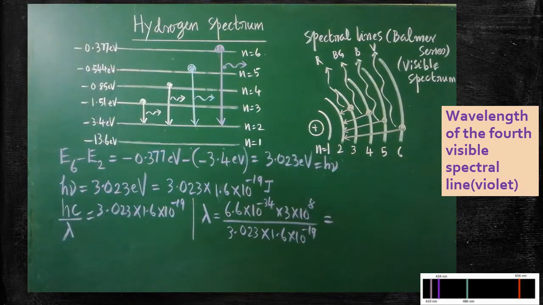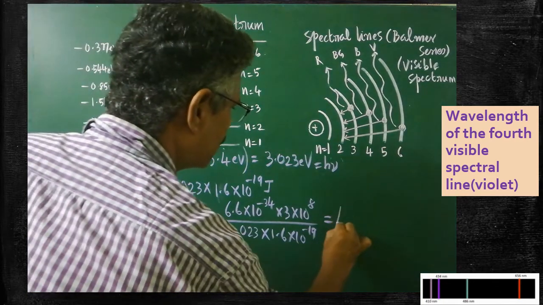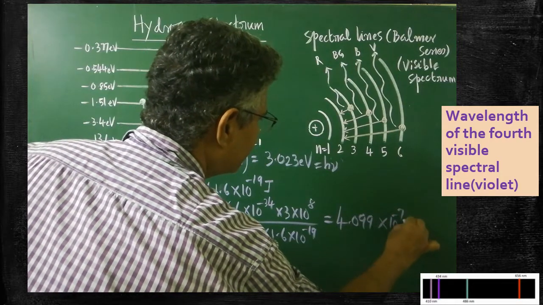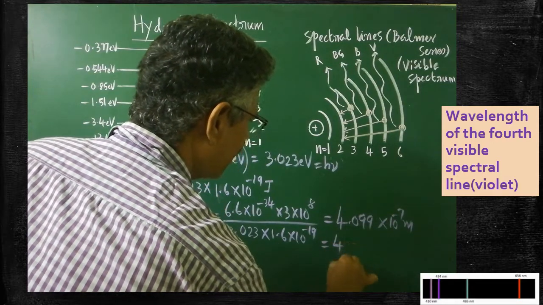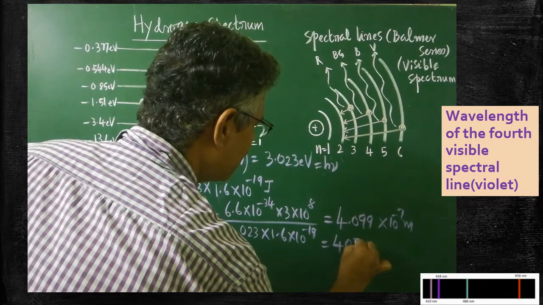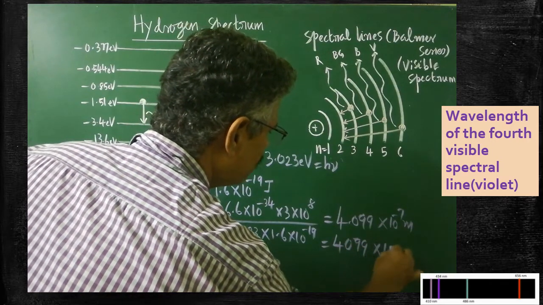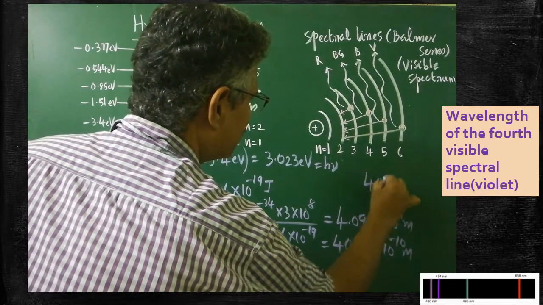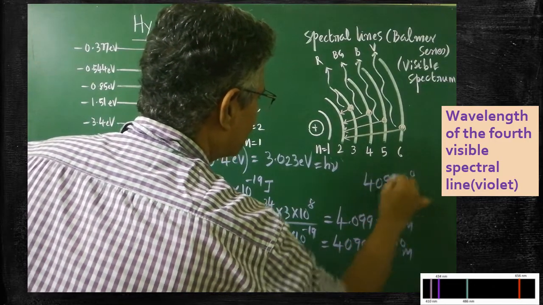After calculation, finally you get the answer 4.099 into 10 to the power of minus 7 meter. If it is converted into Angstrom, you will get 4099 into 10 to the power of minus 10 meter, which is equal to 4099 Angstrom unit.